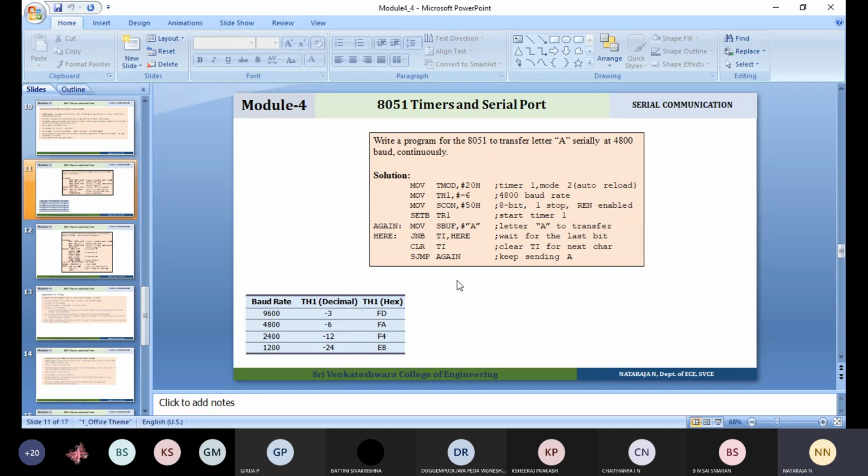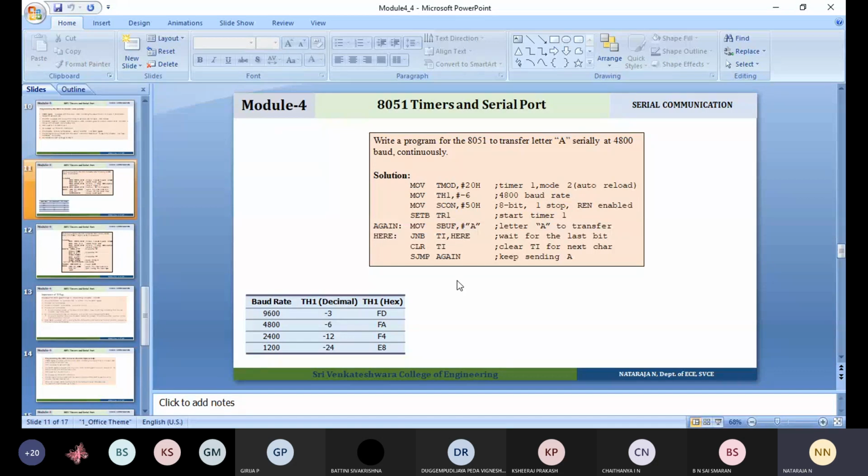Try this program. I will explain the concept. What we discussed now is the first program, same only, but I have given a letter Y and I have changed the baud rate. You have to change the value of -6, replaced by -3, because 9600.